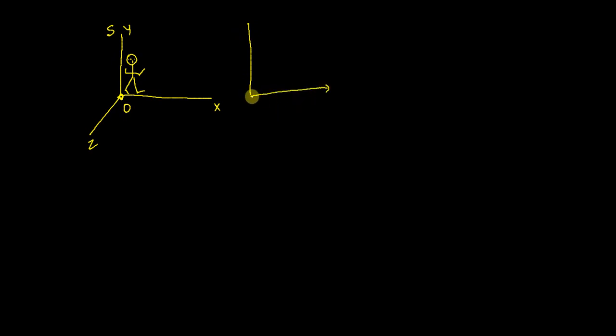To make it more clear, suppose I have a frame of reference S, that is x, y, z, and the observer is at position O, which you can see is this man standing here. This is observer O. And a second frame of reference, denoted by x prime, y prime, z prime.